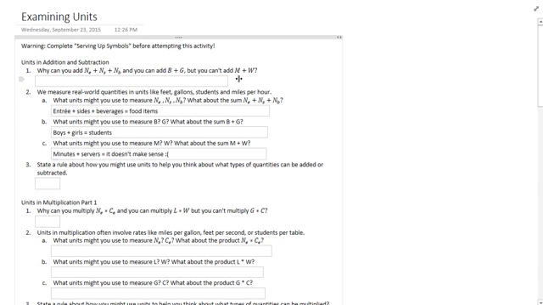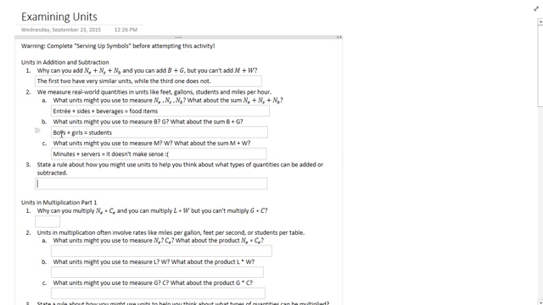So let's go back to a question here now that we have a little more information. Why were we able to add the first two, but we were not able to add the last one? The answer lies in the fact that the first two have very similar units, while the third one does not. Let's see if we can make a rule about this. In the first one, everything's a kind of food.